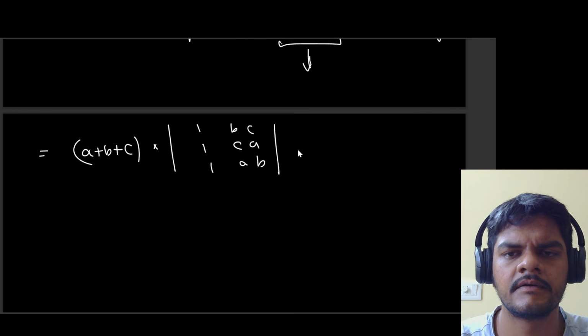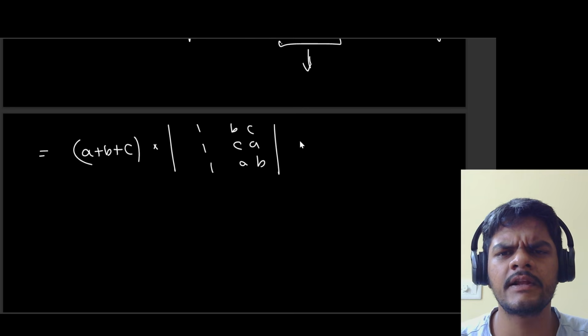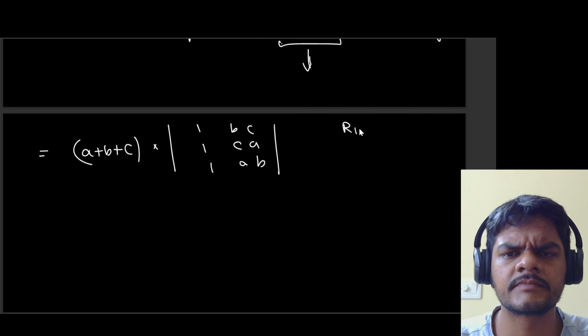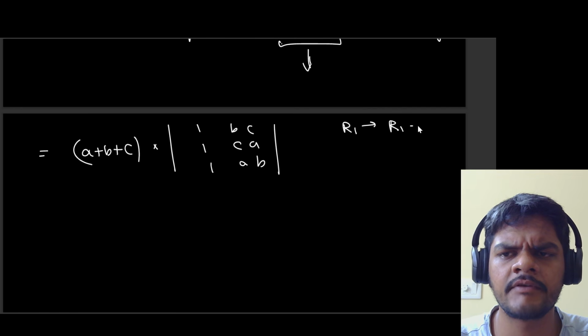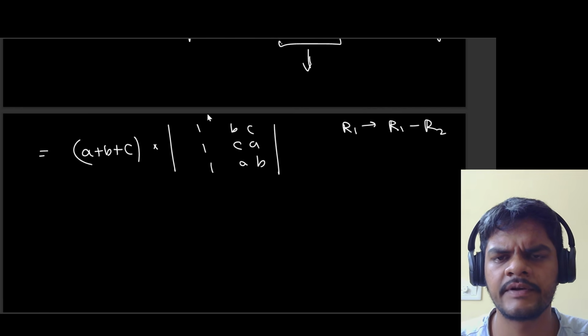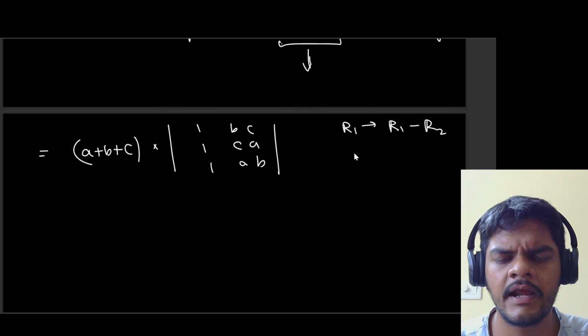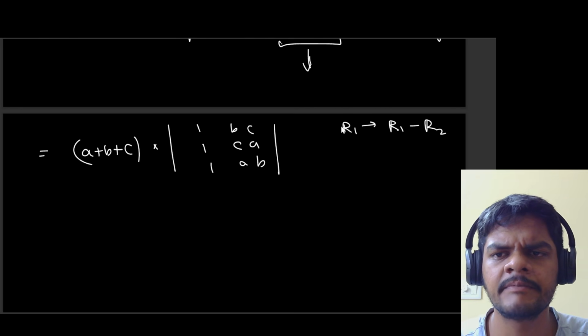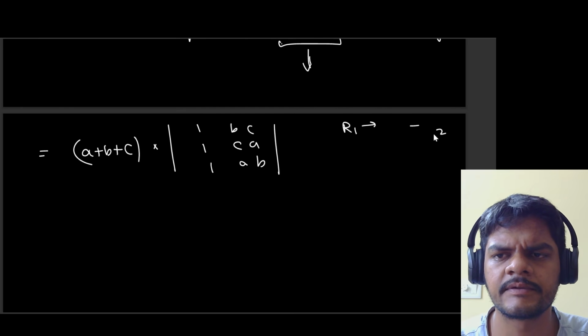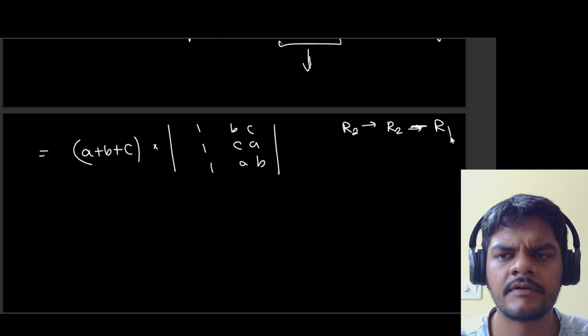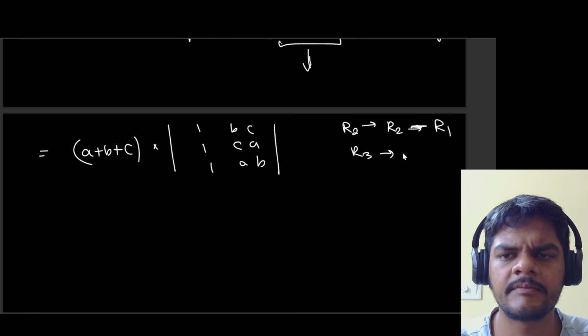Now I want two zeros, so R2 goes to R2 minus R1, and R3 goes to R3 minus R1.